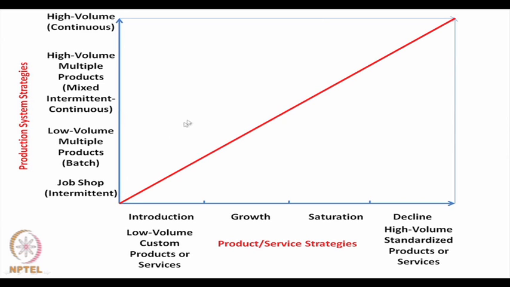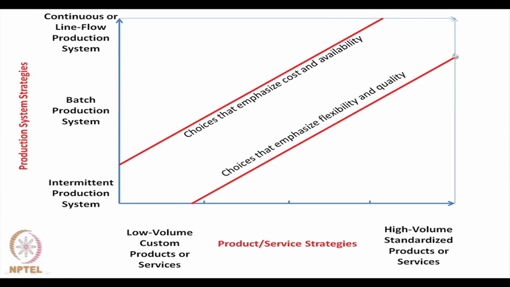Now, the enterprise will naturally have to decide where to operate, and this is the preferred path. Actually, the path is not such a straight line path, there is a band of choices.